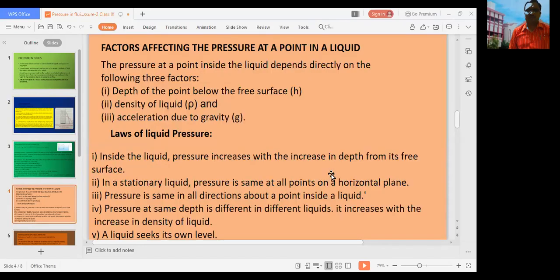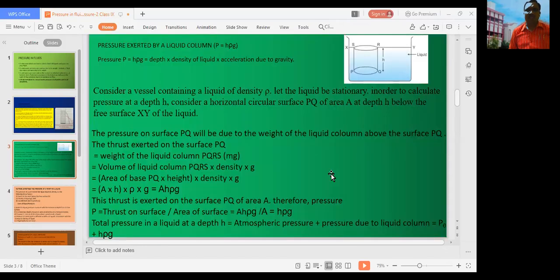Next is pressure exerted by a liquid column. Pressure P is equal to h rho g, where h means height, rho means density, and g means acceleration due to gravity. Consider a vessel containing a liquid of density rho.